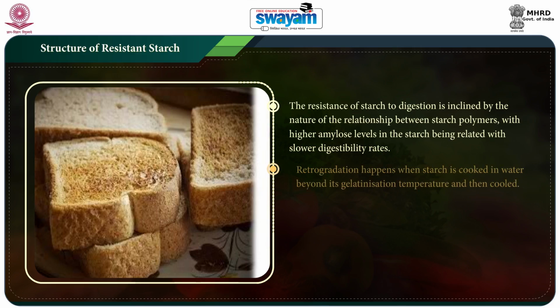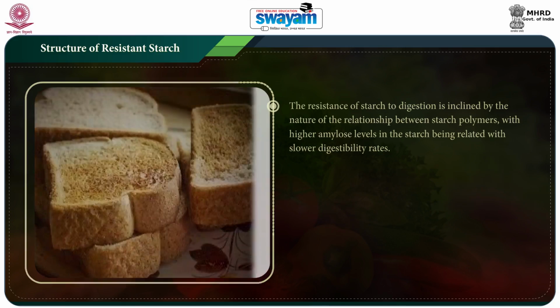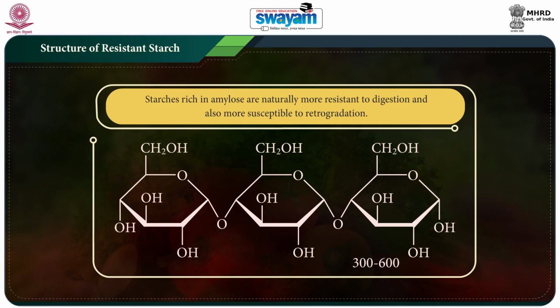Let us now see, retrogradation happens when the starch is cooked in water beyond its gelatinization temperature and then cooled. The starch granules gelatinize and the starch is subsequently more easily digested. In general, starches rich in amylose are naturally more resistant to digestion and also more susceptible to retrogradation.